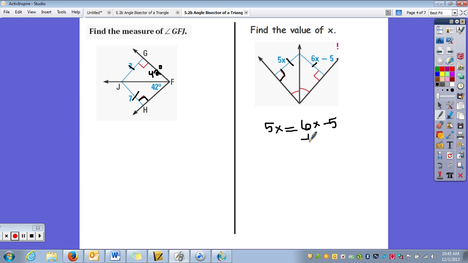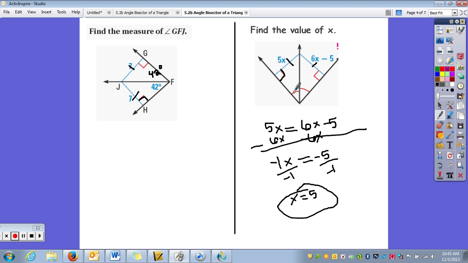Alright, and minus 6x over and get negative 1x equals negative 5. Divide by negative 1. X equals 5.